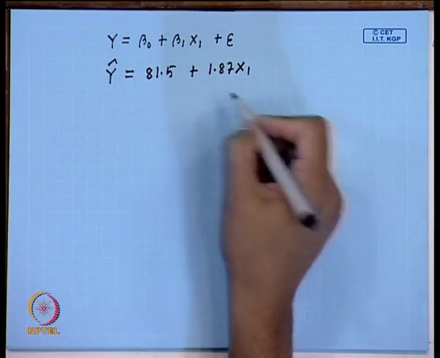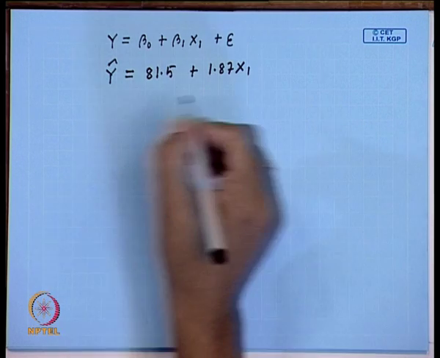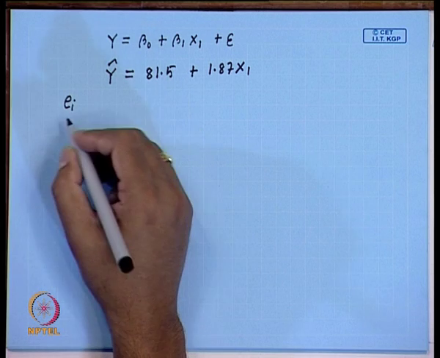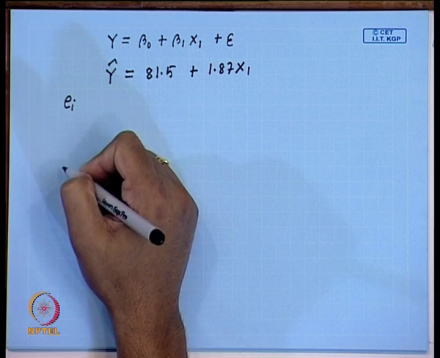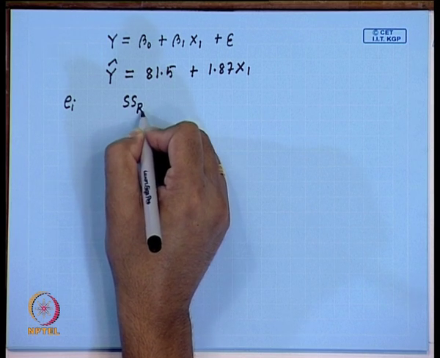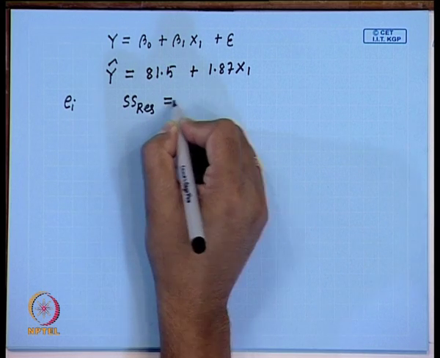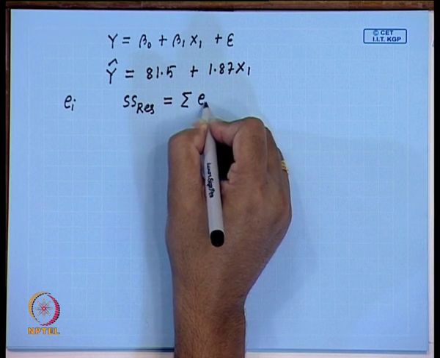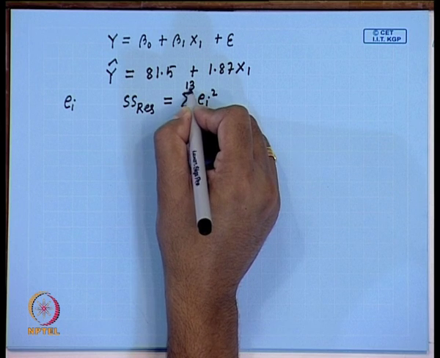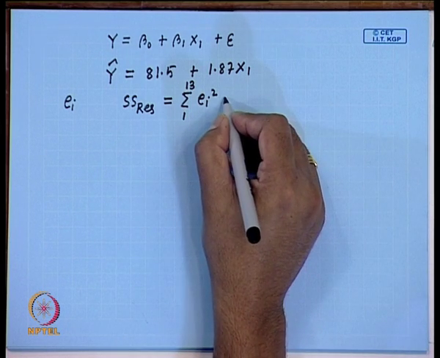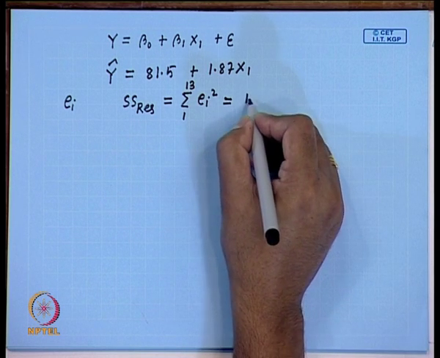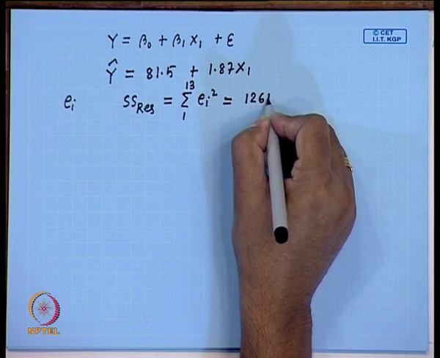Once you have the fitted equation, you can compute the residuals e_i, and once you have e1, e2 up to e13, you can compute the SS residual. SS residual is going to be the sum of e_i squared from 1 to 13. You can check this is equal to 1265.